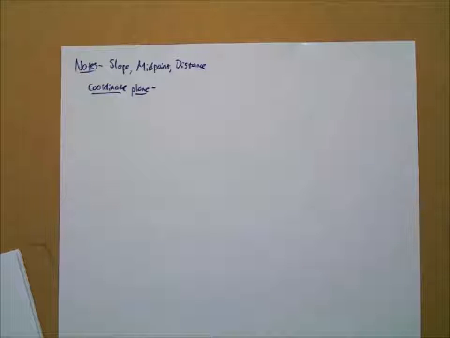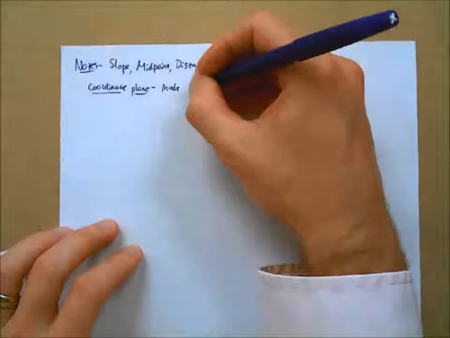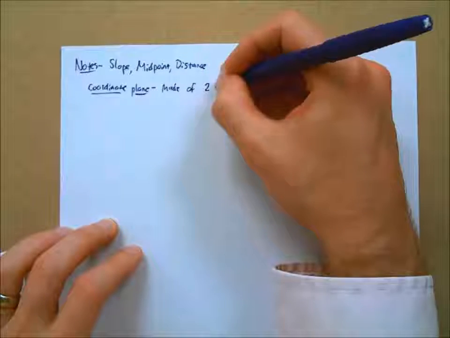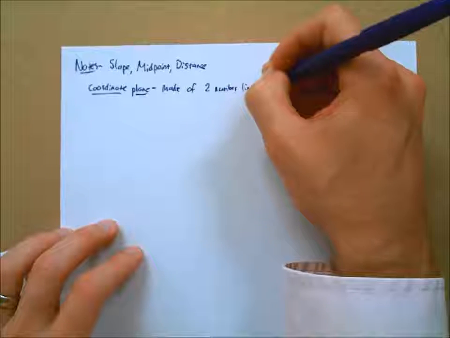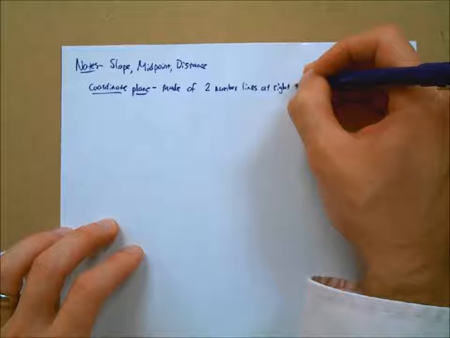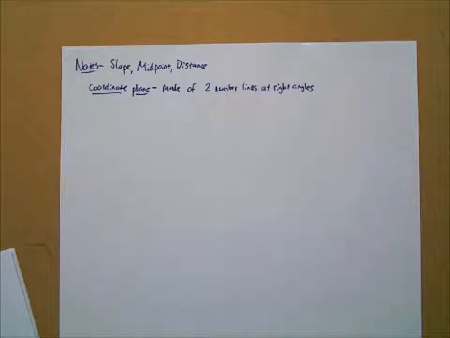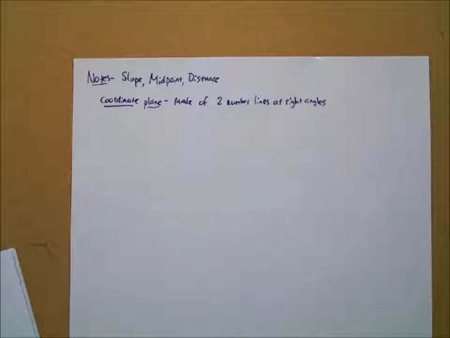Remember, the coordinate plane is made of two number lines, okay, at right angles to each other. Okay? And if two lines intersect and form a right angle, what do we call those two lines? If they intersect at a right angle, we call them... No, not angle.